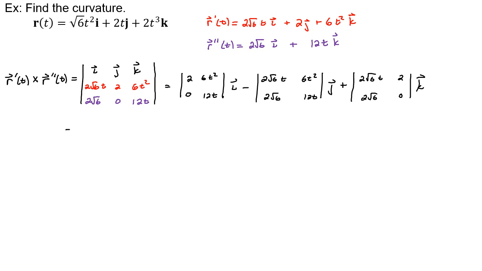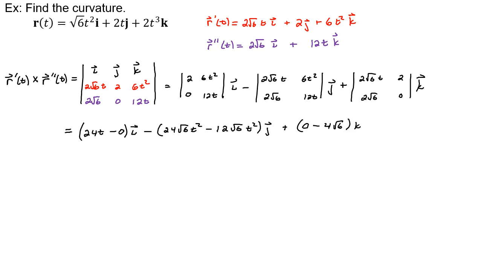And so my cross product would end up being 2 times 12, which gives me 24t, and 0 times 6t squared is 0. On the j, 2 root 6 times 12 would be 24 root 6 t squared, because they both had a t on them, minus 6 times 2 would give me 12 root 6 t squared. And on the k, I'd have a 0 minus 2 times 2 is 4 root 6.